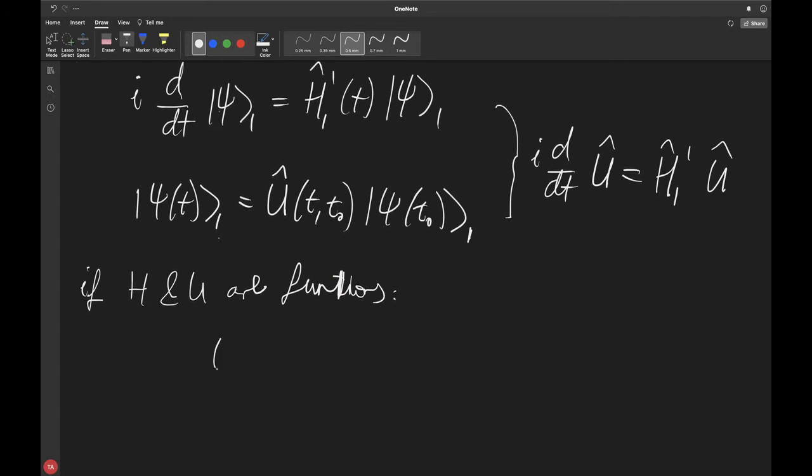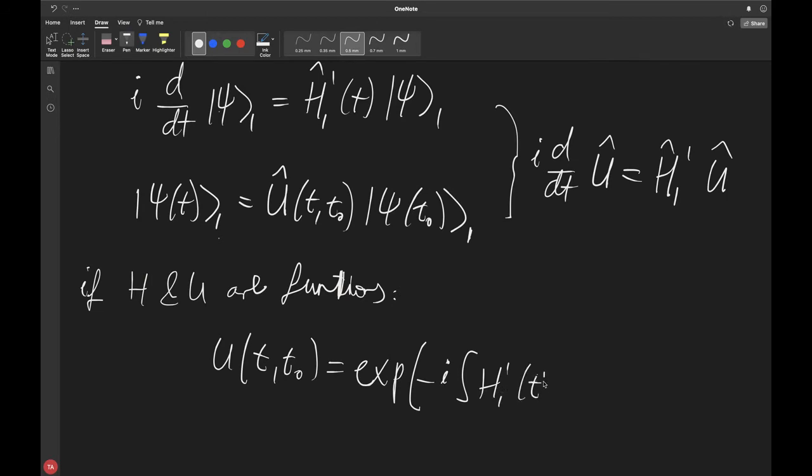That would mean that the U function, with t0, that was our definition for the time evolution operator, is an exponential of, I am actually going to write it like this, exponential of minus i, the integral of whatever this function H_I prime was at some t prime time, integrated by this t prime variable.